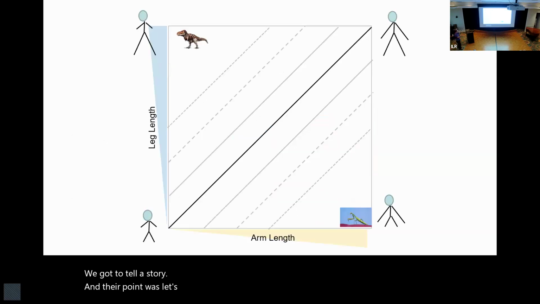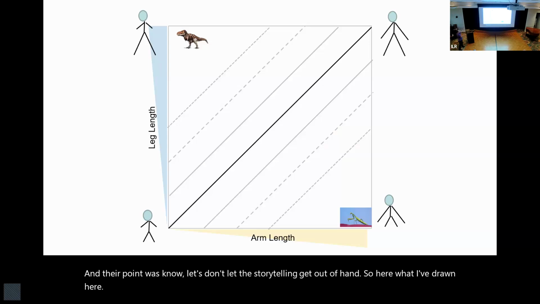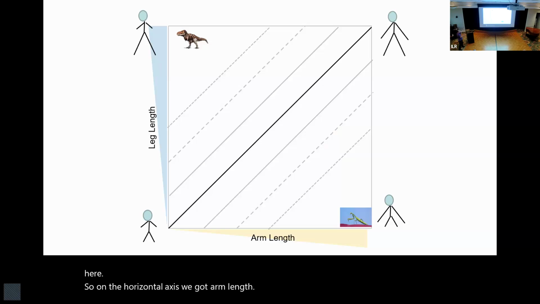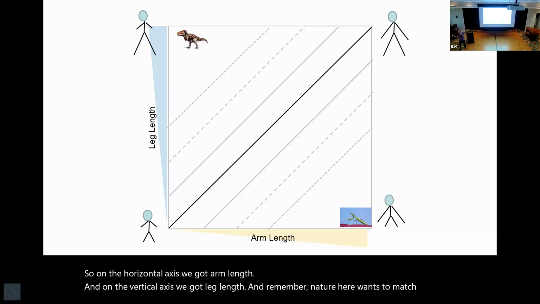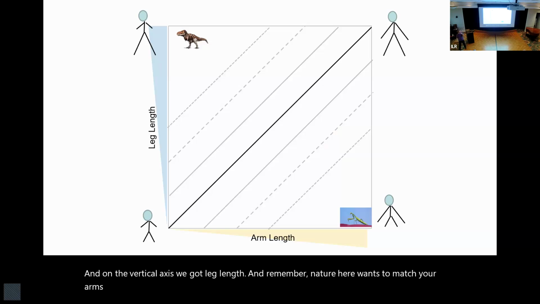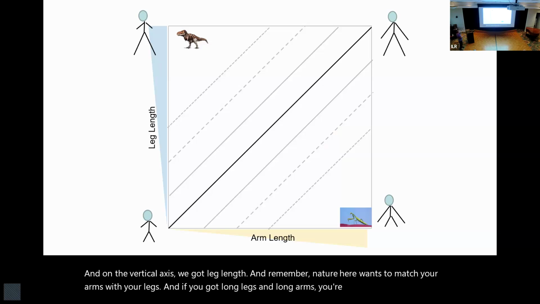Here on the horizontal axis we have arm length, and on the vertical axis leg length. Remember, nature wants to match your arms with your legs. If you have long legs and long arms, you're fine. If you have short legs and short arms, you're fine.